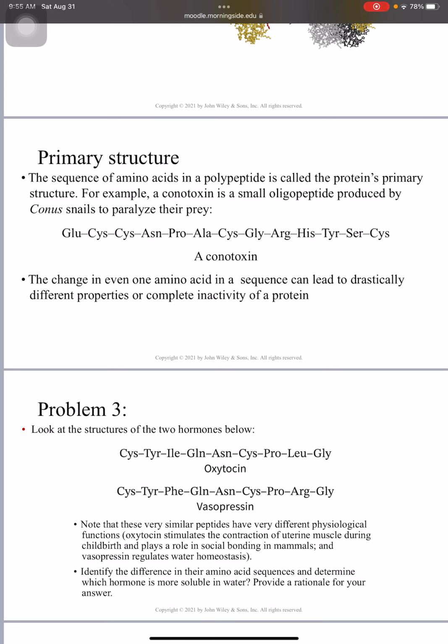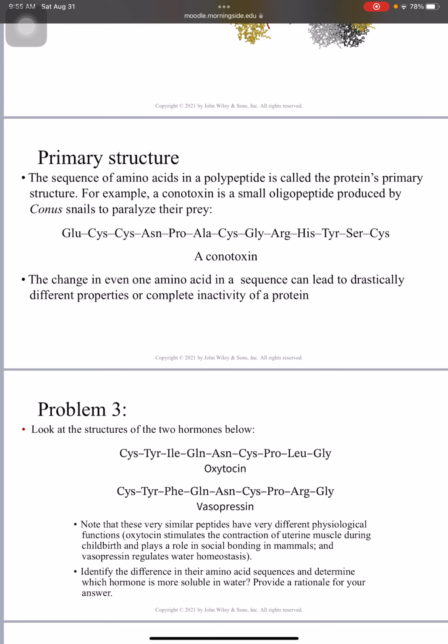This sequence, like I said, is very much the baseline identity of a protein or a peptide. You change even one of these amino acids, that's going to change the nature of your peptide. Sometimes it has virtually no real-life effects or very minimal, and in other cases it makes a big difference.